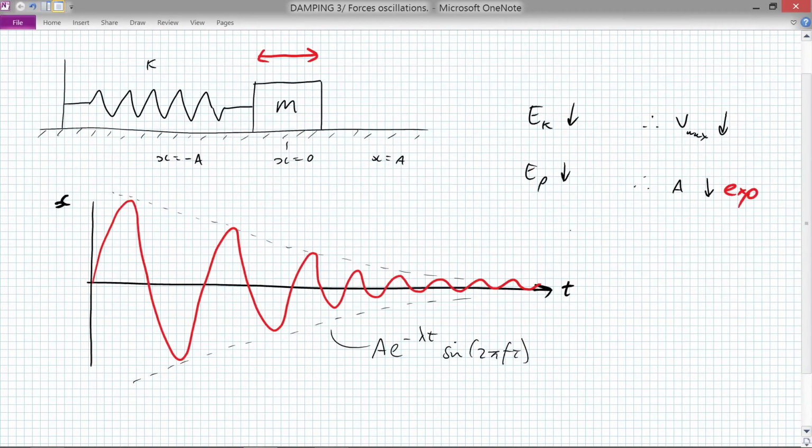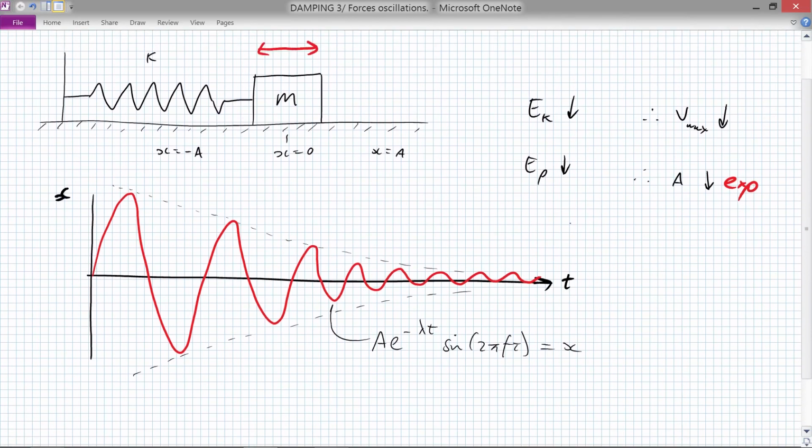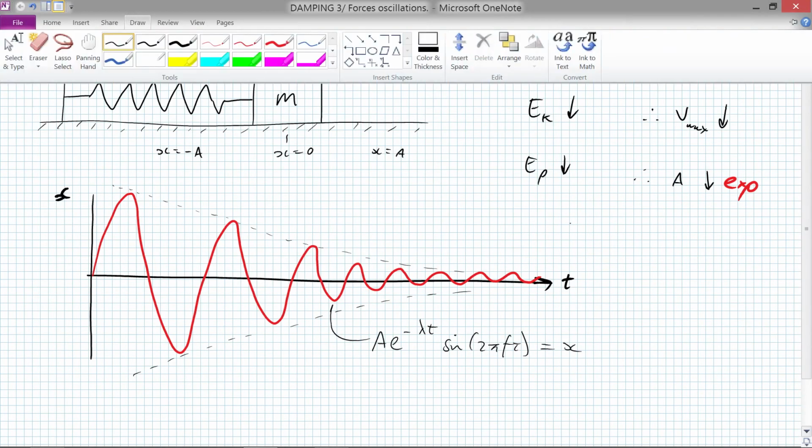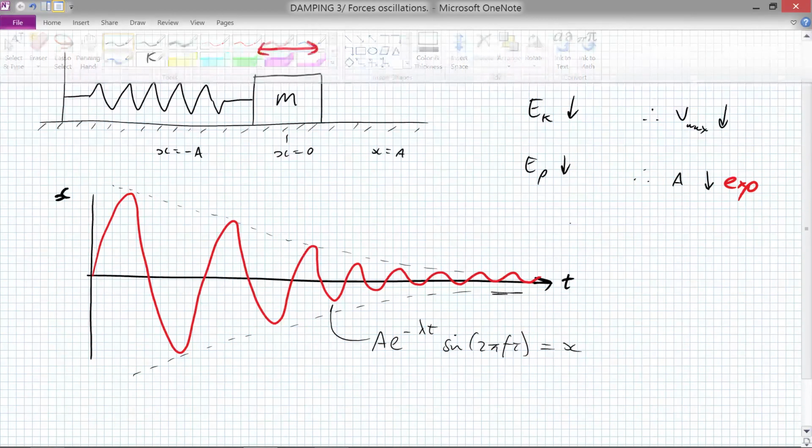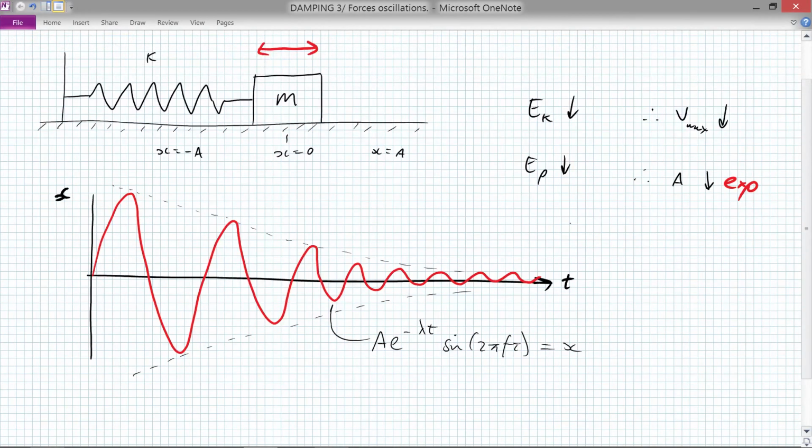So this now would be our function for the displacement with time, equal to x. So it decays over time like that. And like I said, eventually it will lose all of its energy and it will reach 0 again. I've not drawn that great. It will go to 0 down here, don't worry.